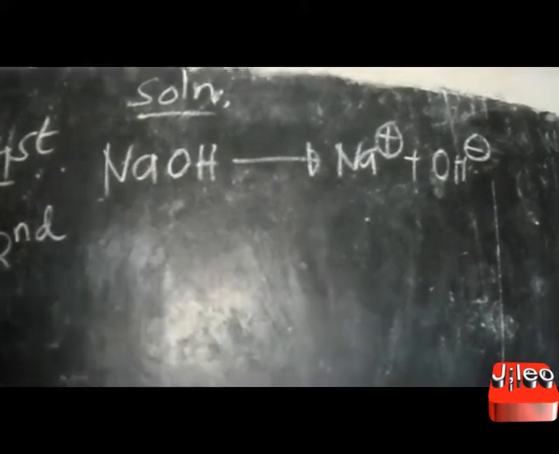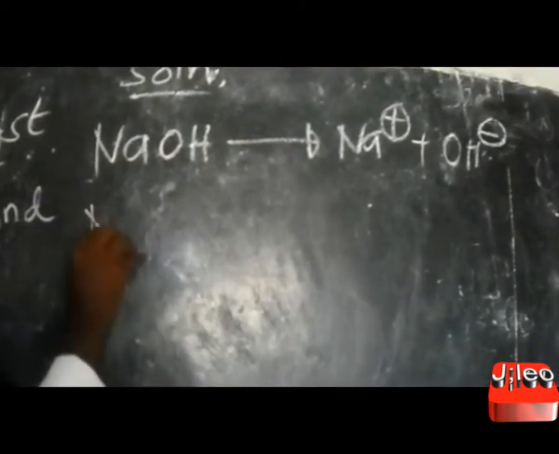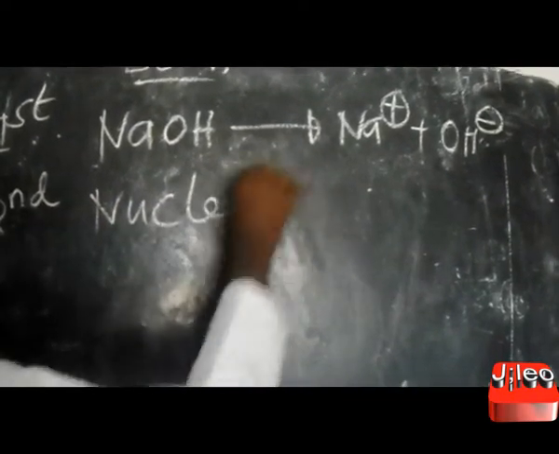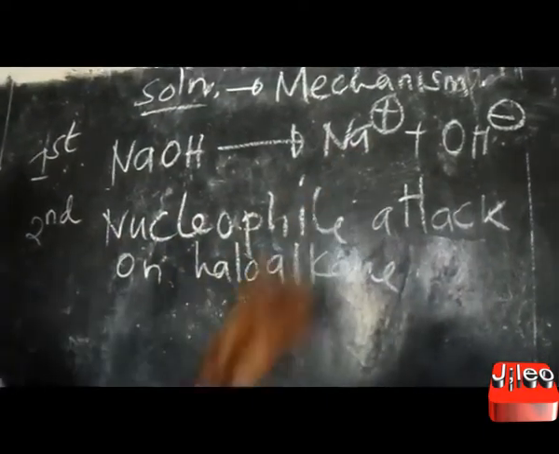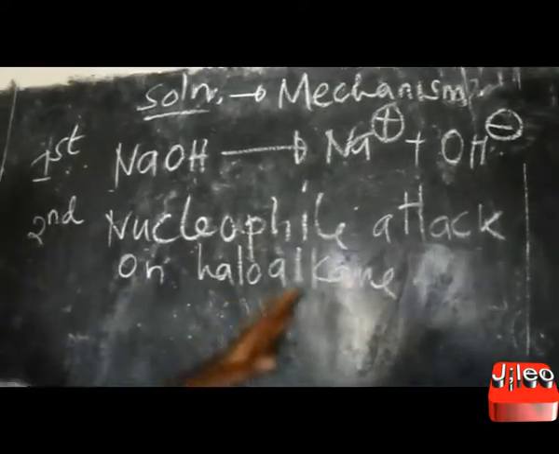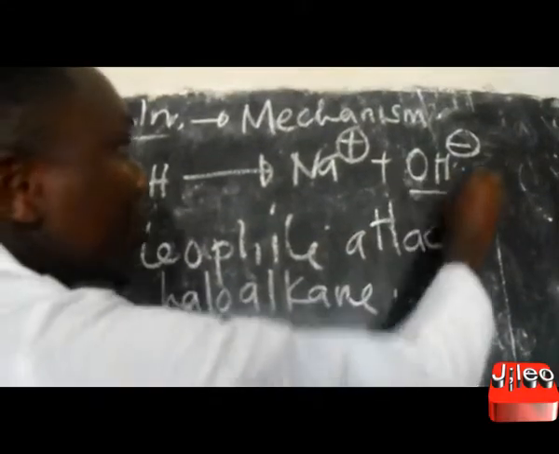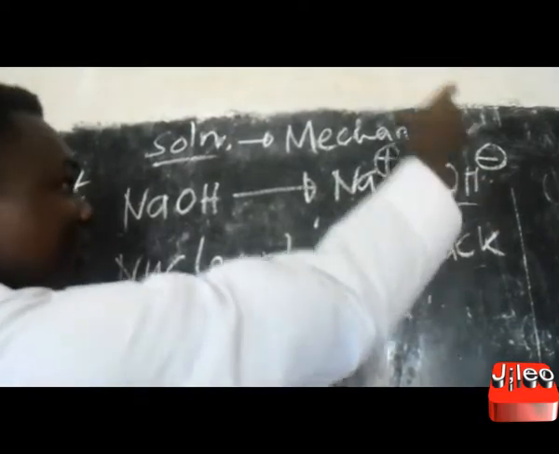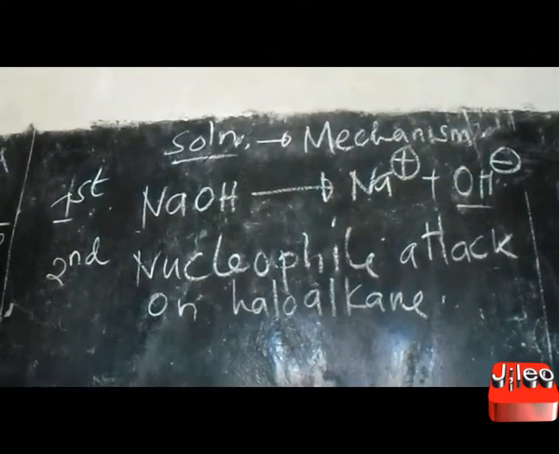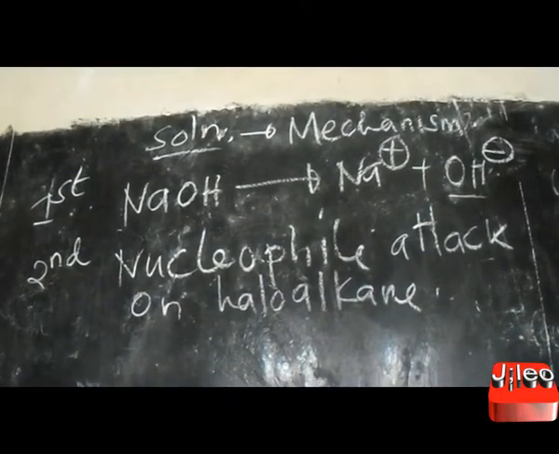Nucleophile attack on the haloalkane, not alkene, haloalkane. Our nucleophile, I think we know exactly, is the hydroxyl ion. So now these ions should be attached to the haloalkane.